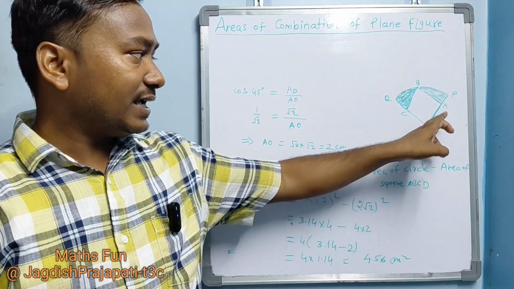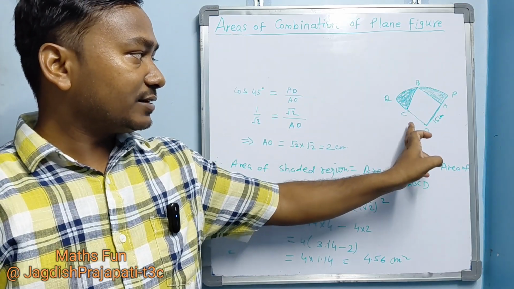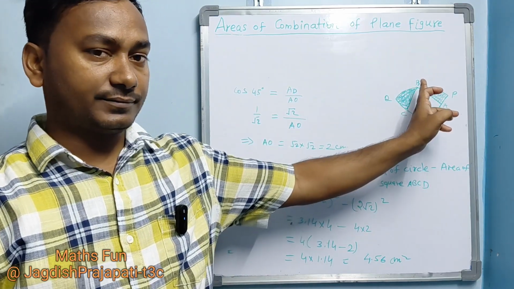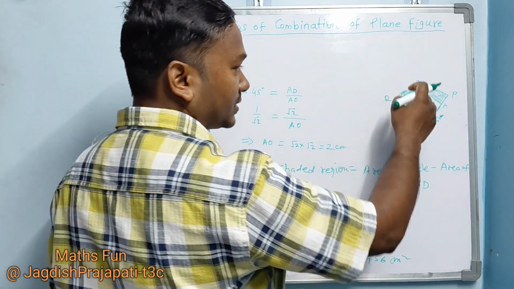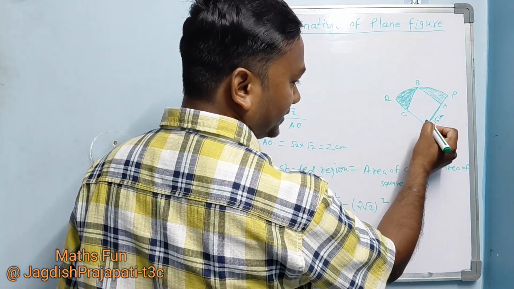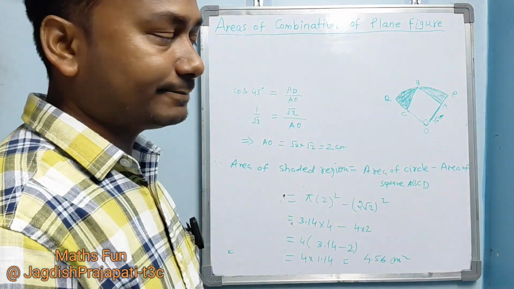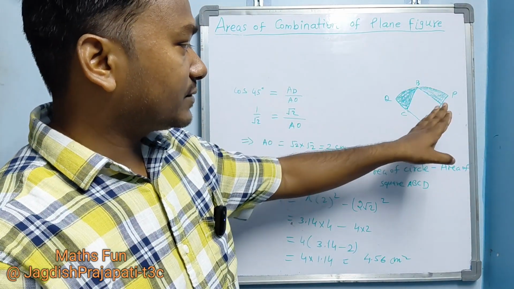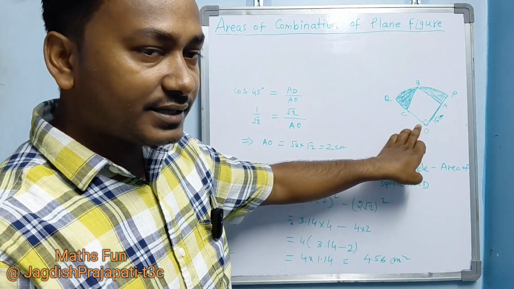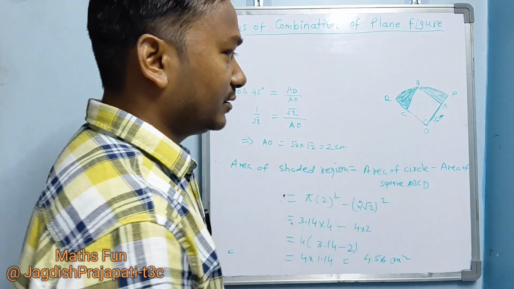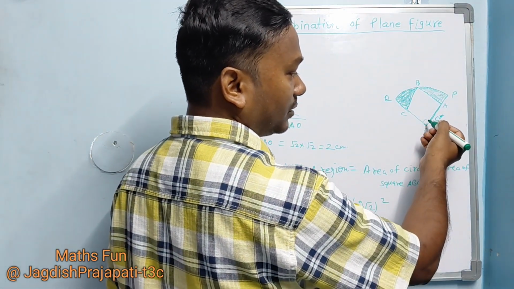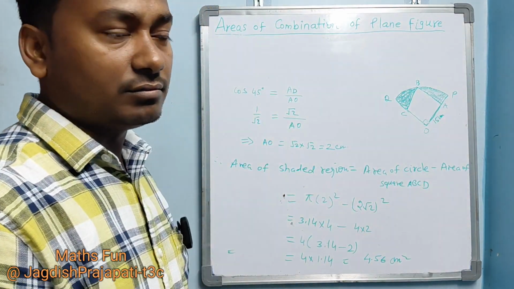So this is a sector, and it forms an angle of 90 degree at the center. Why 90 degree? How?